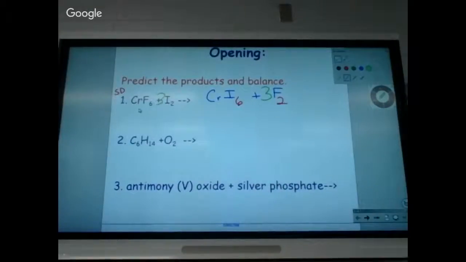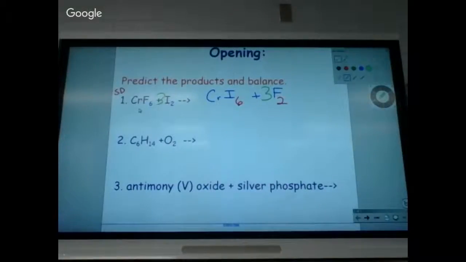And when you look at the C and the H and you get lost in the oxidation numbers, what did I tell you to say to yourself? It's wrong. That it is not a single displacement reaction. It's a hydrocarbon plus oxygen. And what kind of reaction did we learn that's a hydrocarbon plus oxygen? Combustion.